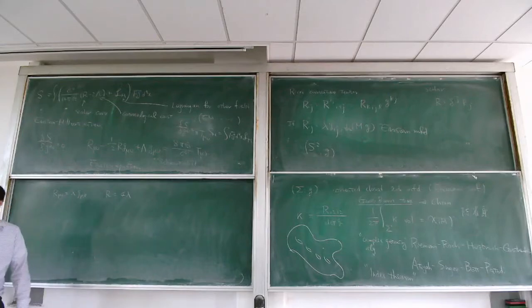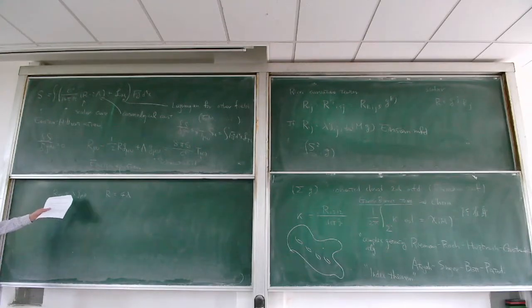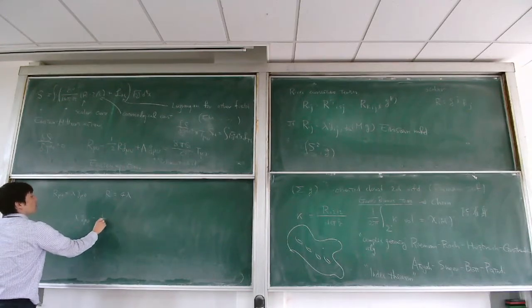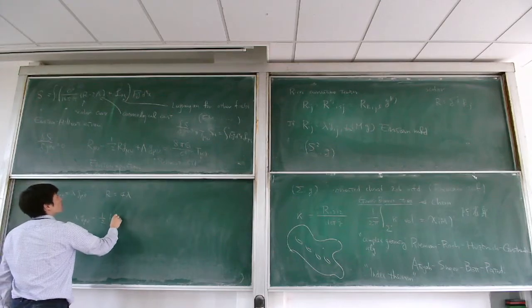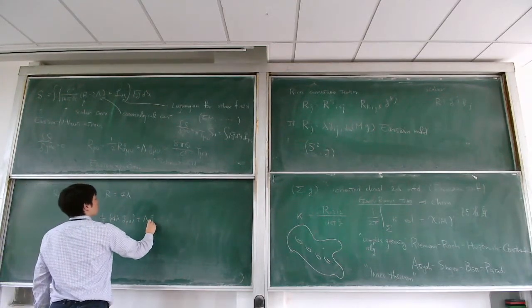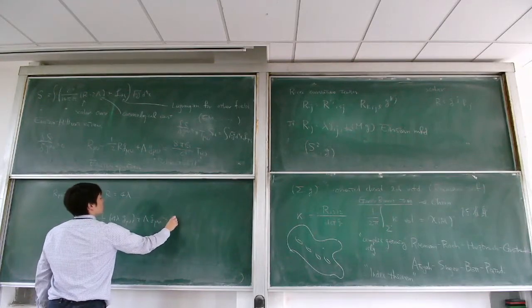Do you agree? 4 lambda, if you contract with g mu nu. And plug back in here, so R mu nu minus 1/2 R g mu nu plus capital lambda g mu nu is lambda g mu nu minus 1/2 times 4 lambda g mu nu plus lambda g mu nu, which is equal to 0.